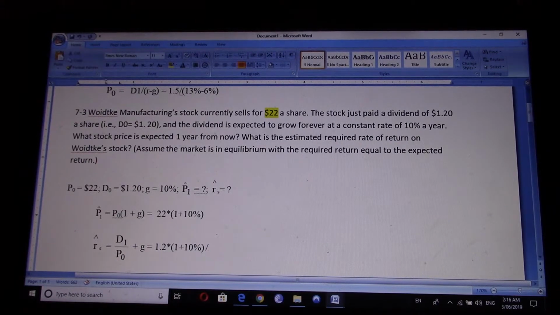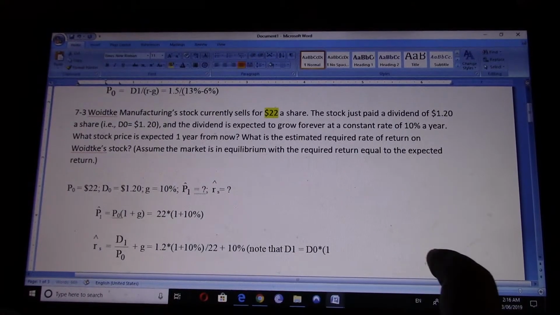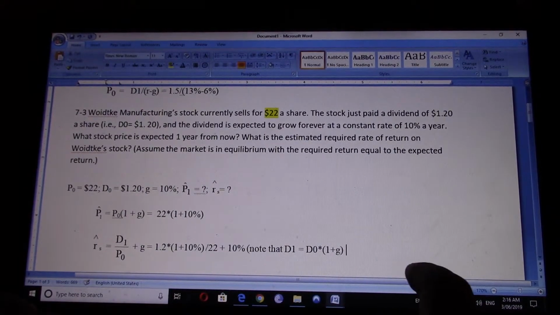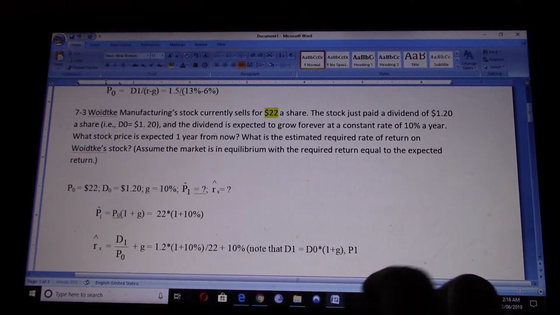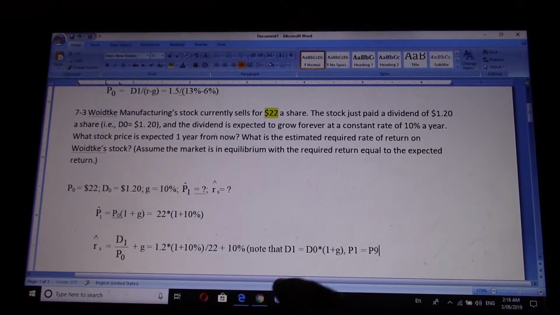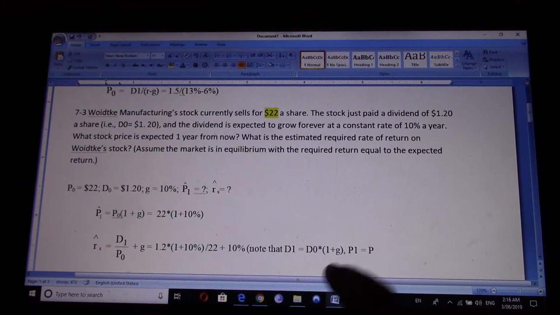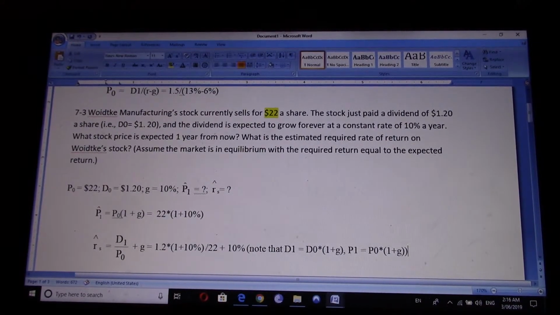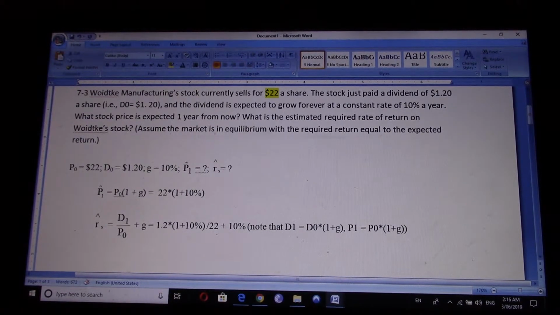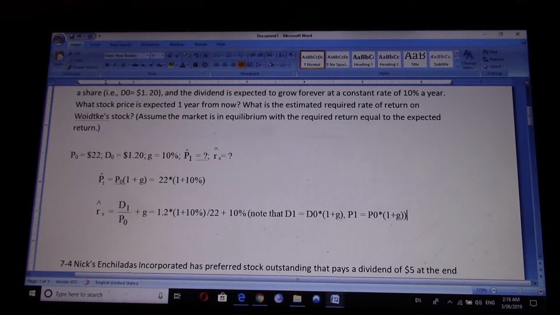Note that D1 equals D0 times 1 plus G, and P1 equals P0 times 1 plus G. So this is this question.